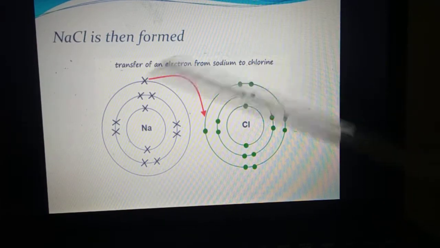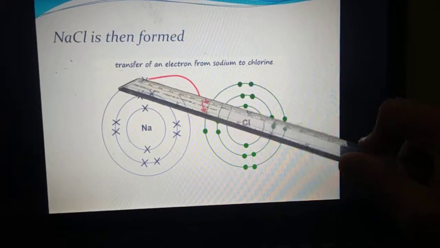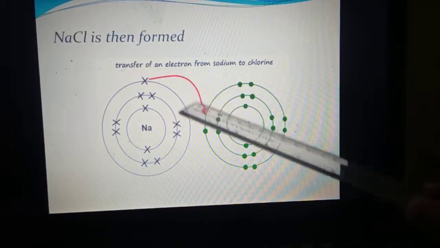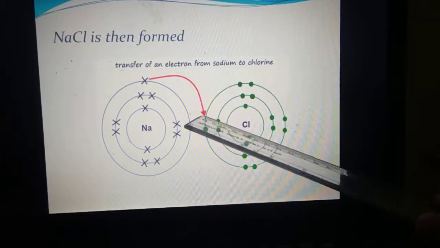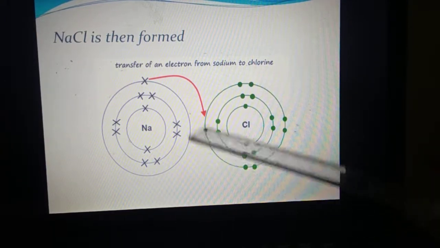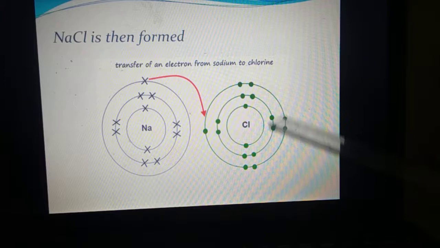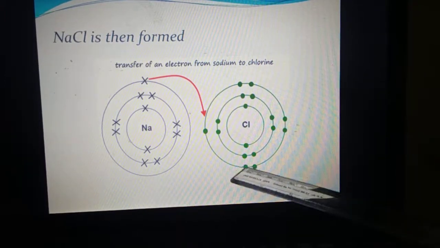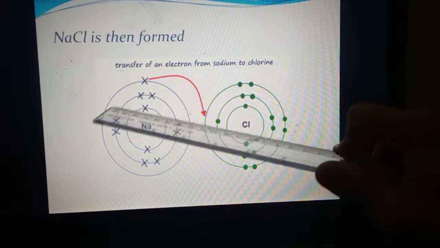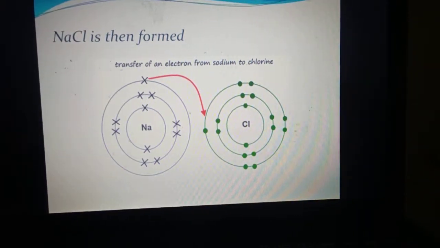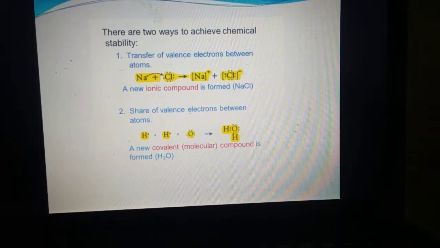See, this is sodium. Sodium's 1 electron will move to chlorine, and chlorine will now have 8 electrons in its outermost shell. So we will get chlorine with 8 electrons and sodium also with 8 electrons in the outermost shell. Together they will form NaCl compound now.